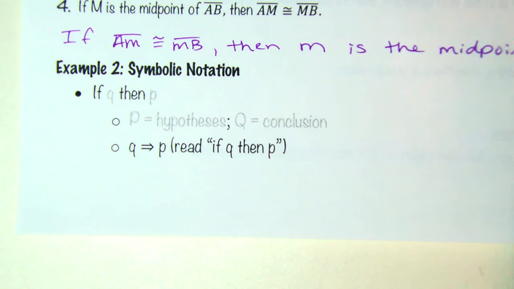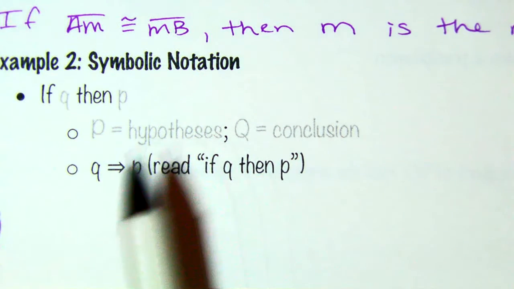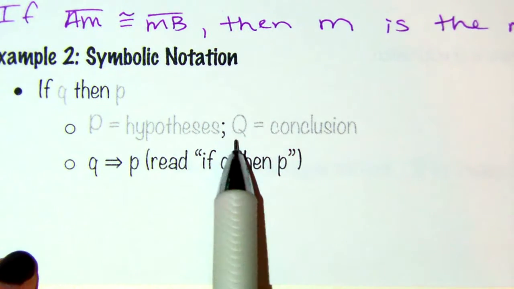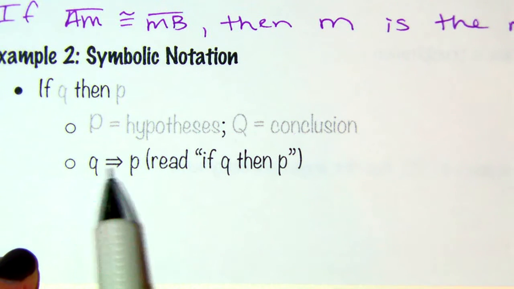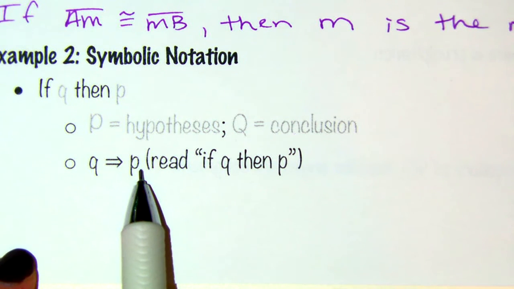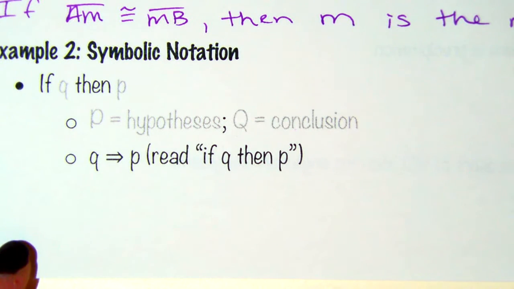Okay, example 2. So now we're going to talk about the symbolic notation. So like yesterday we went over that P is the hypothesis and Q is the conclusion. So now instead of writing if P then Q like we did yesterday, we're going to be writing if Q then P. So we're writing the converse of the original statement.